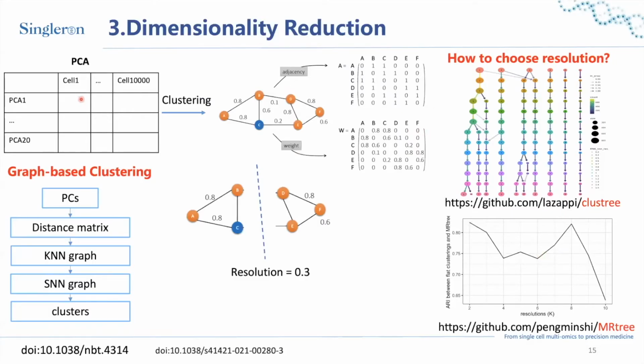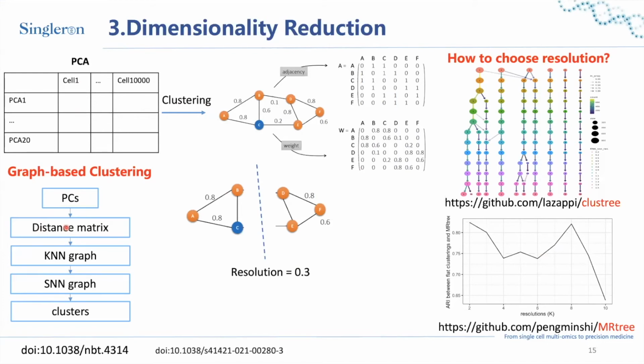So PCA is not only used for dimensionality reduction, it is also used for KNN clustering. What we use now for single cell clustering is graph-based clustering. It takes the results from the PCA, and calculates the distance measures for every pair of cells.